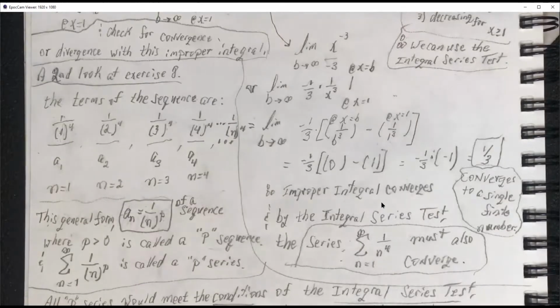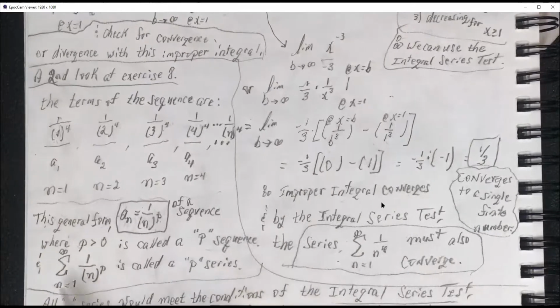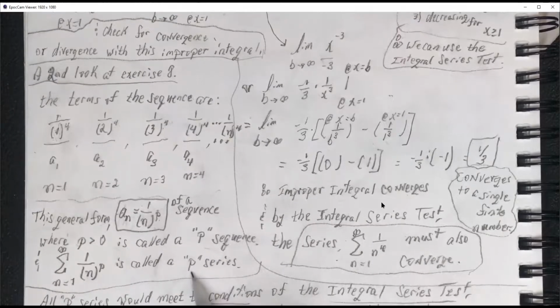Or does the sum just surpass any finite value and keep getting bigger and bigger forever, which means diverging to infinity? So if we have this form, it's called a p series that we're being asked to analyze.